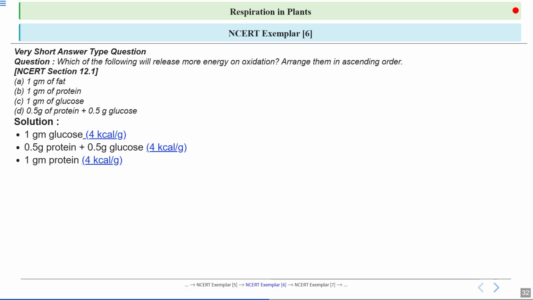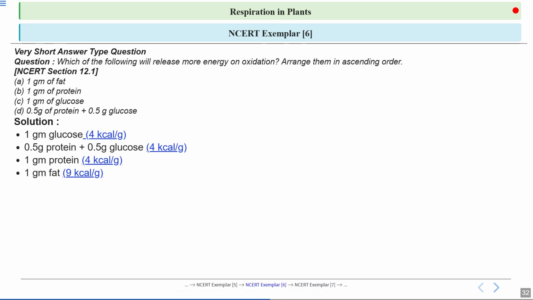Then, 1 gram of protein also releases about 4 kilocalories per gram. Even though proteins are mainly for building and repair, they can be used for energy when needed. And 1 gram of fat releases about 9 kilocalories per gram, which is much higher than glucose or protein.